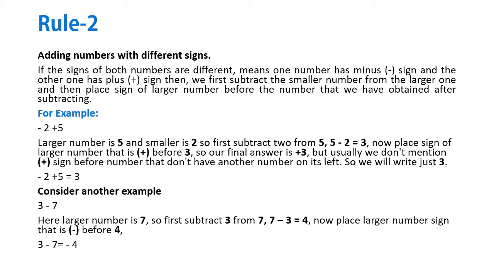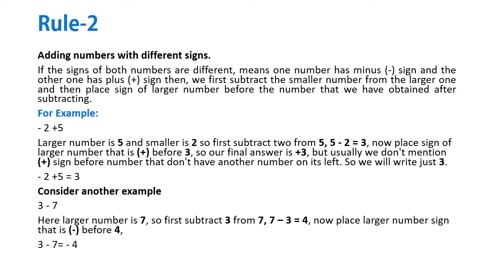Rule 2. Adding numbers with different signs. If the signs of both numbers are different, means one number has minus sign and the other one has plus sign, then we first subtract the smaller number from the larger one and then place the sign of the larger number before the number that we have obtained after subtracting. For example, -2 plus 5.